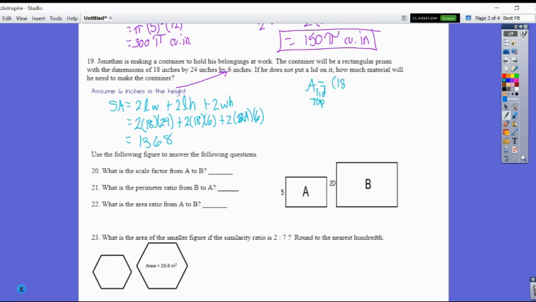That's going to be the length of 18 and the width of 24. So the area of my top lid is 432 square inches. So total surface area that is needed in this case, 1368 minus 432, that is 936 square inches.